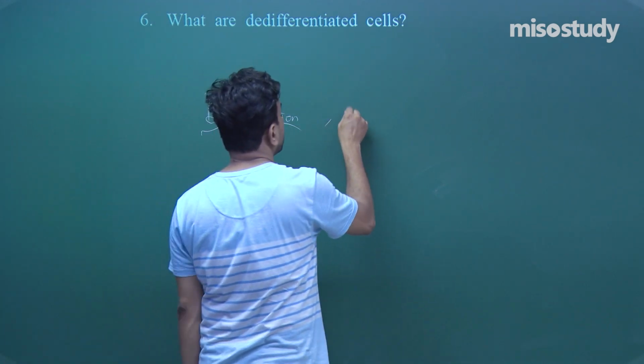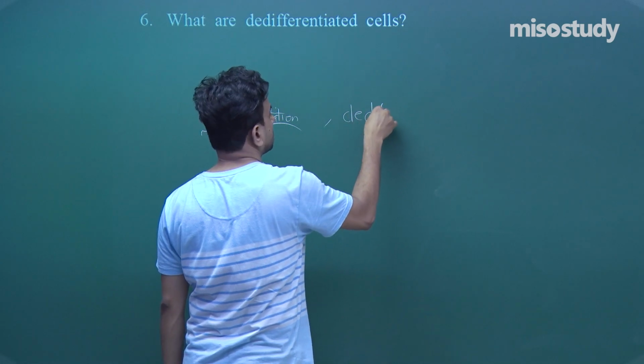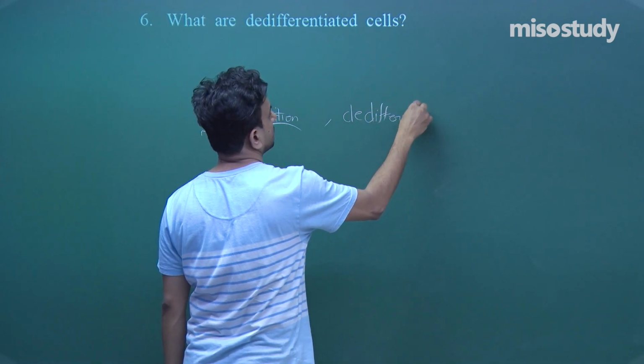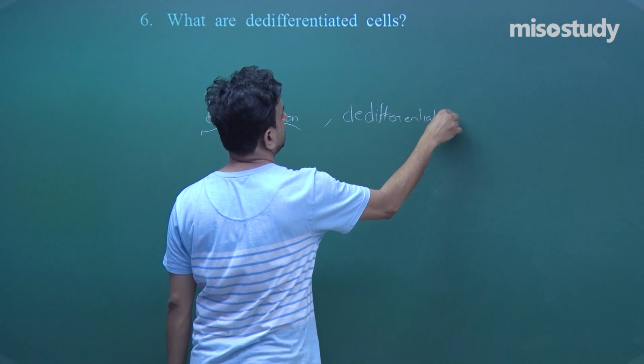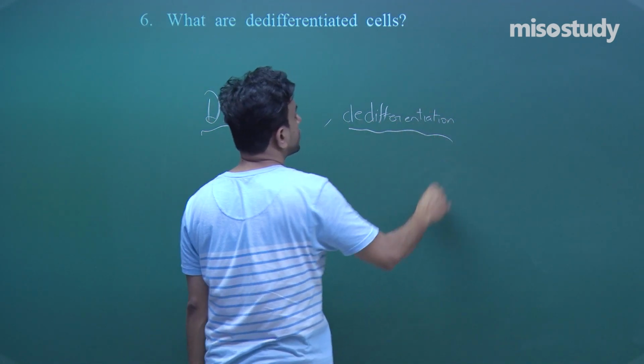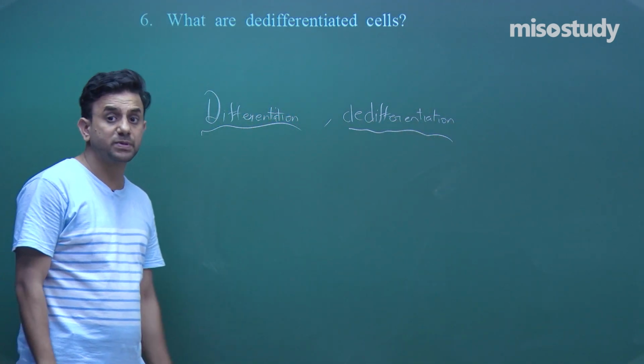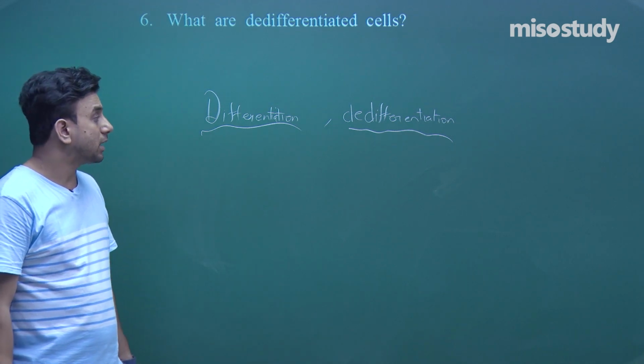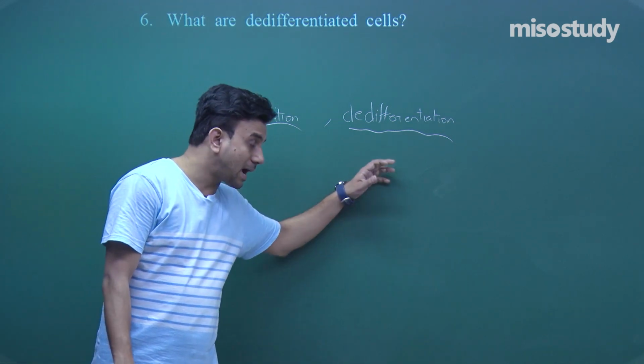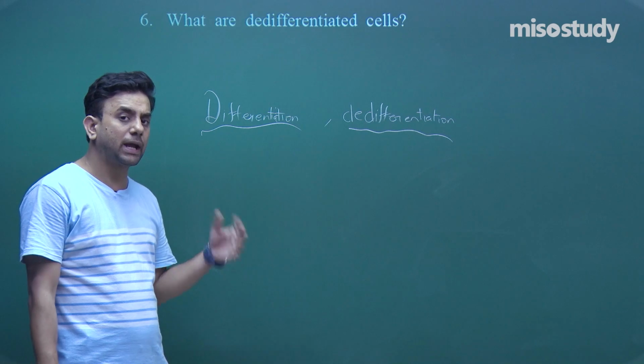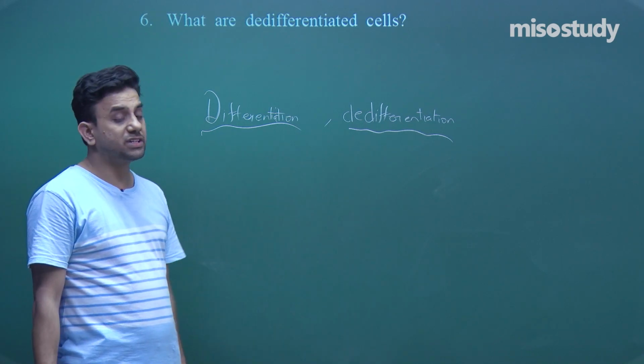We said then that dedifferentiation is when the cells which have already differentiated and are performing a specific function get back into the meristematic state, back into the dividing state again, right? And that is dedifferentiation.